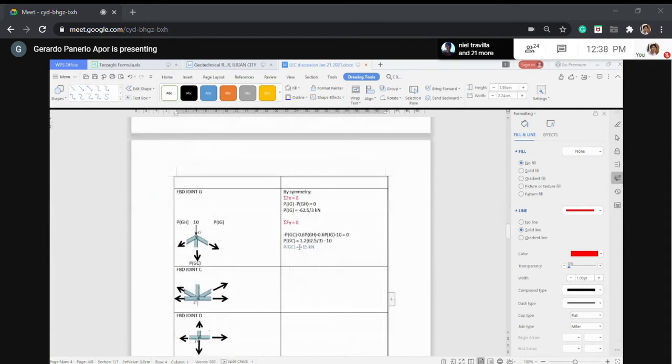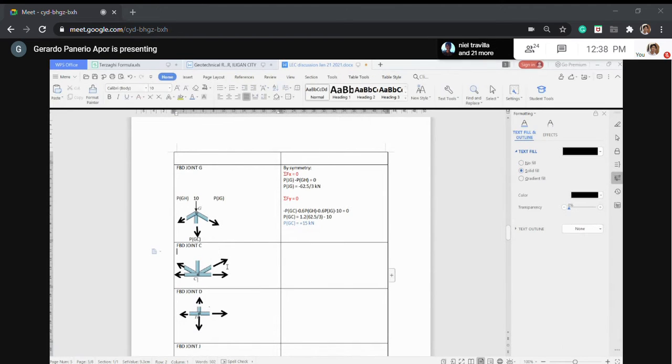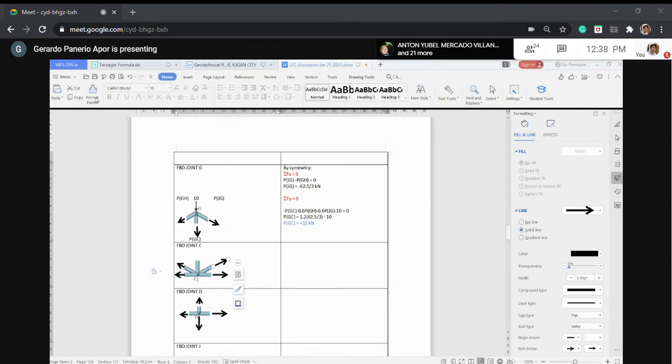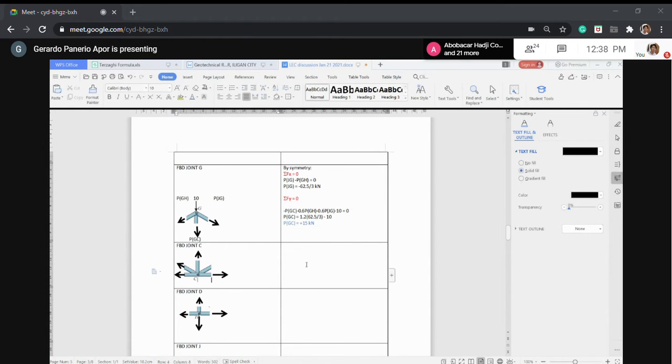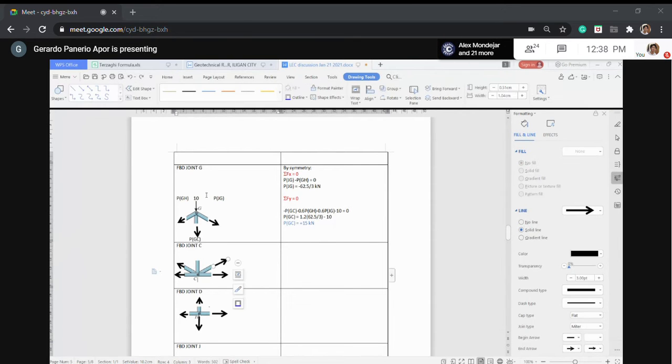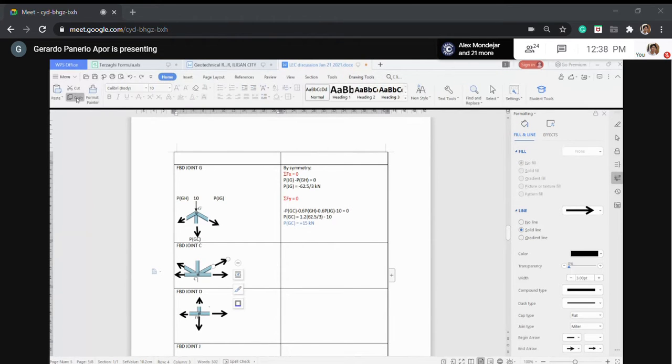So if you have joint C, this is it, no? With this one known already. This one is known already. This one is known already. Okay, that's known. Para dapat kopya na siya, paste. Okay.